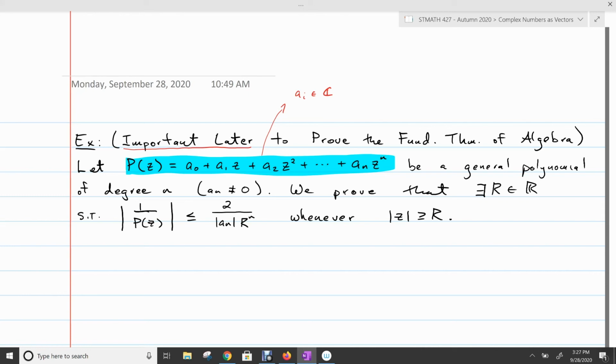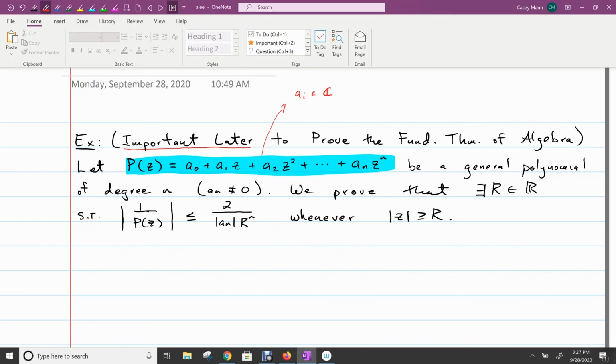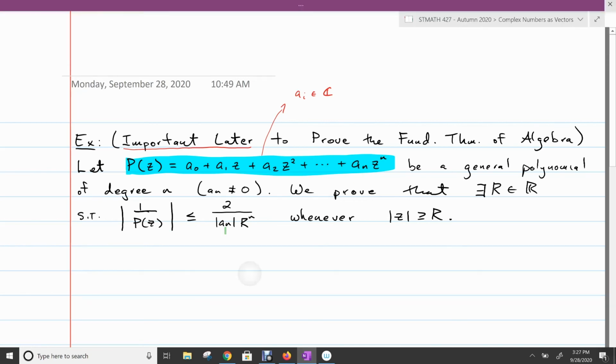So here's what we want to prove: that if we take the modulus of the reciprocal of that polynomial, it'll always be less than or equal to 2 over the modulus of the nth coefficient times r to the n, whenever the modulus of z is bigger than this r.